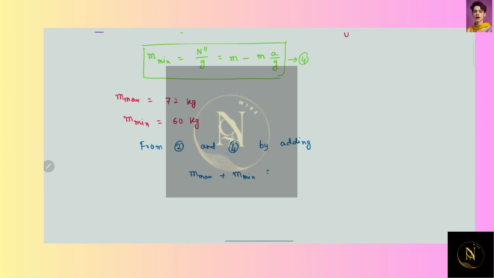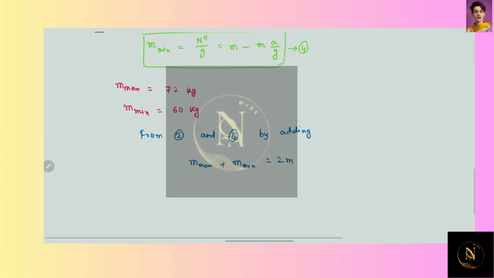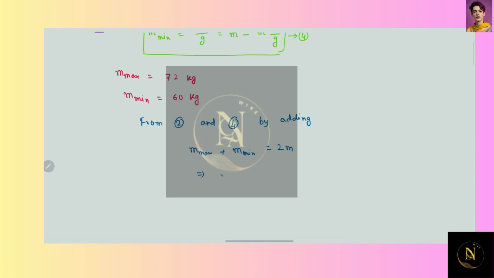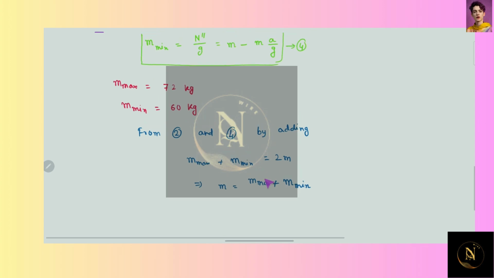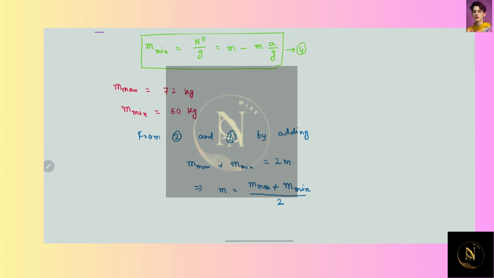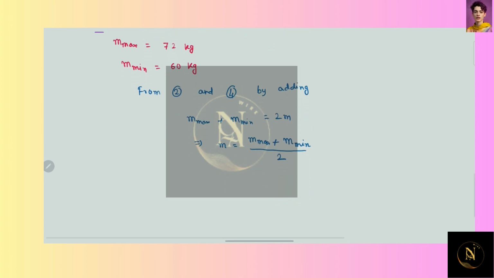If we put the values, we will get m as 72 plus 60 by 2, that will be 66 kg. So this is the answer for part A.